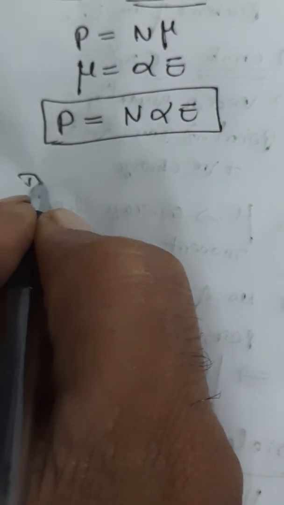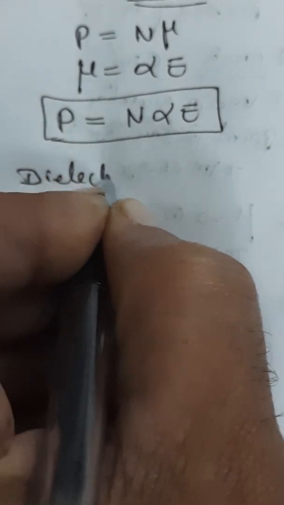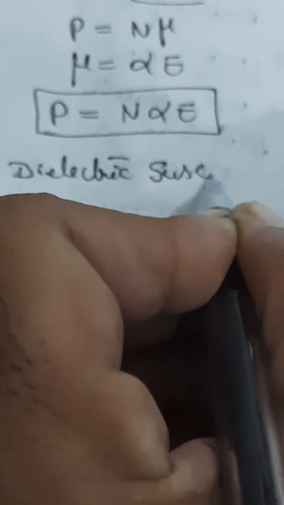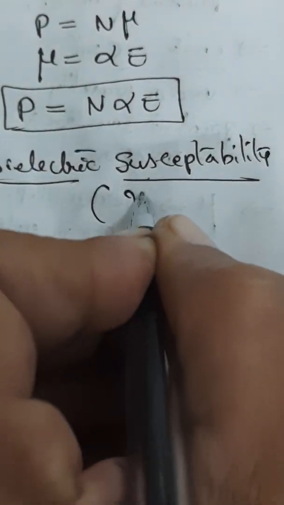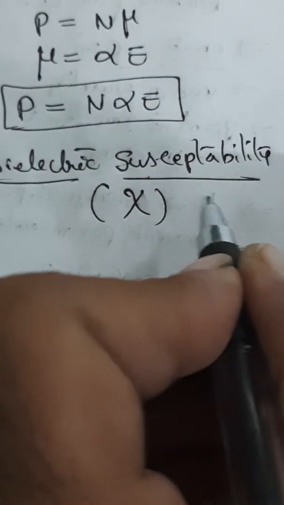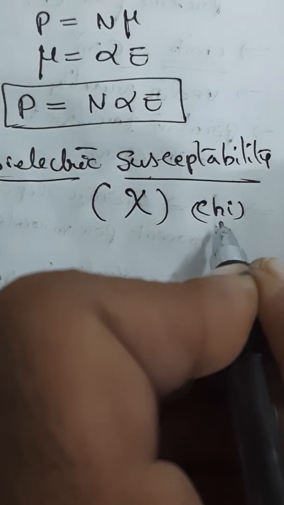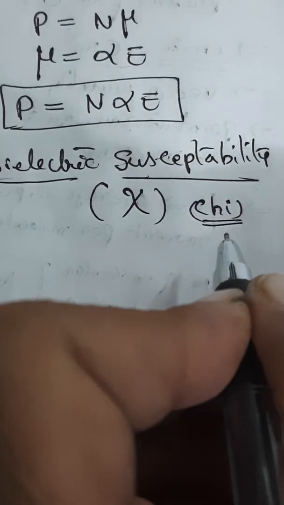Now we will go for another definition, something called dielectric susceptibility. It is represented with this symbol. It is pronounced as psi. Actually, its name is chi, but that doesn't sound nice.